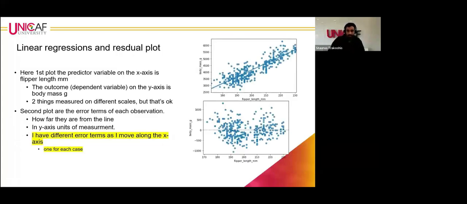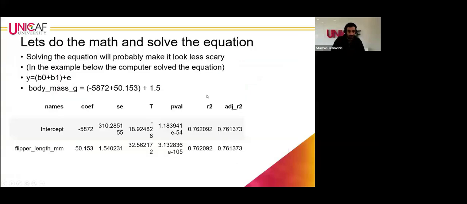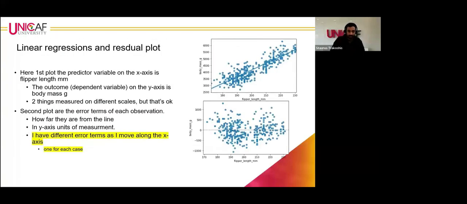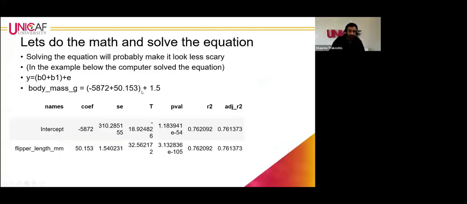Okay, so let's recap. Because I don't have a penguin with a flipper length of 0 millimeters, I am forced to start drawing the line from my lowest observation of flipper length, which is, I think, around 160 millimeters. So in order to find what body mass this penguin has, I need to do 160, which is my first observation here, times B1, which is the slope.